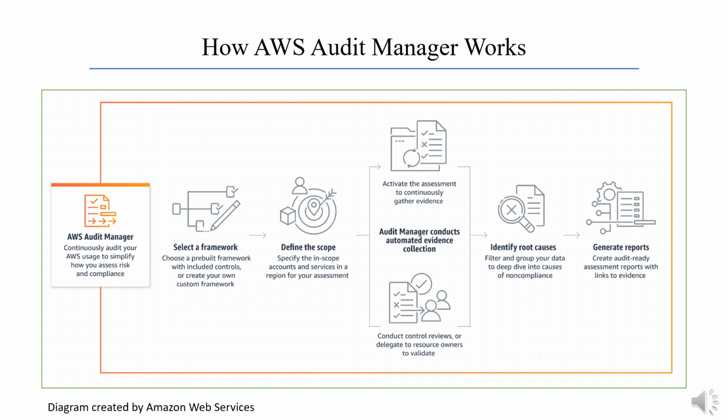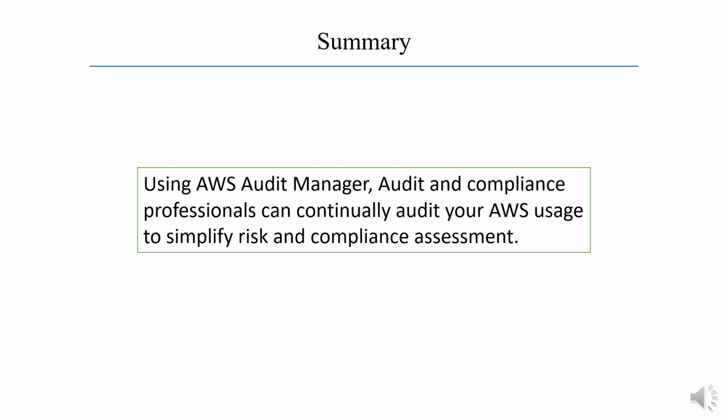It shows the key features of AWS Audit Manager and how to use the service. We recommend you read the diagram and get a better understanding of how AWS Audit Manager works in a typical application environment.